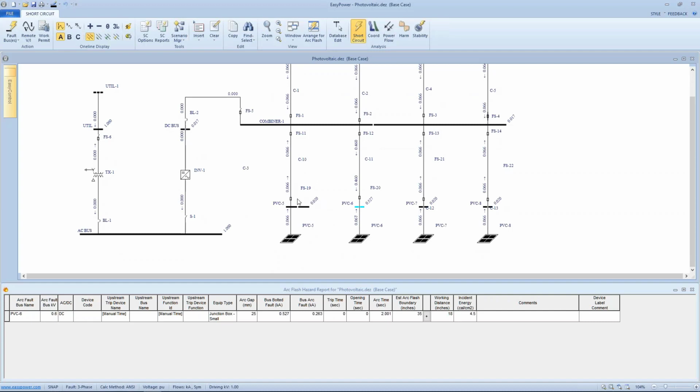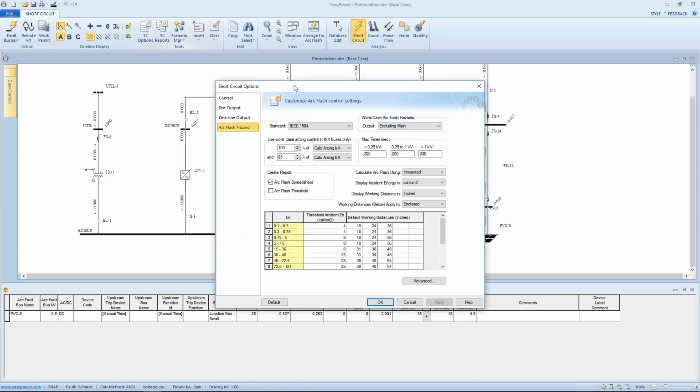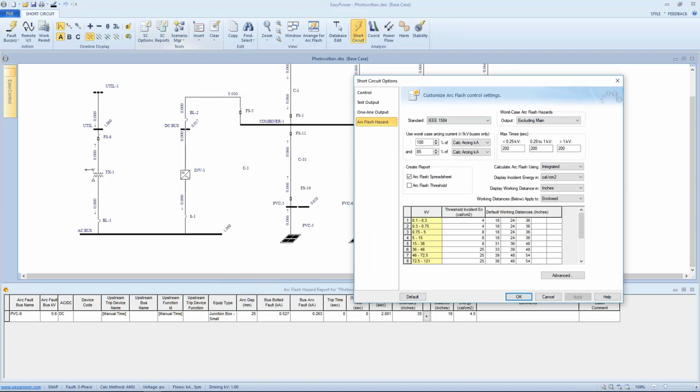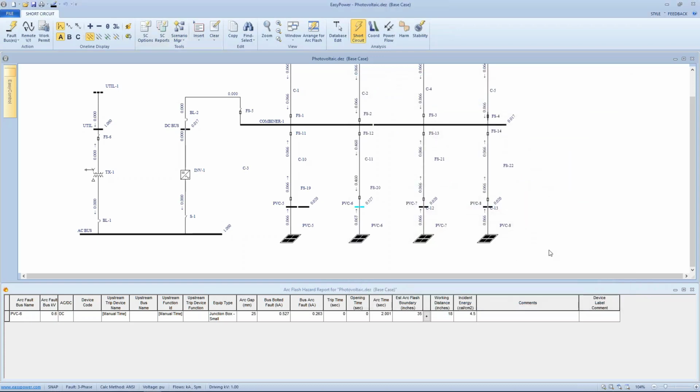We've talked about how you can add or have added to the device library any unique parts or new parts that you're going to be using in your system. We talked about the 2-second rule, how to apply it on a global basis, which is a short circuit option, and then how to apply it on a local basis for each bus. And we've talked about the integrated method.